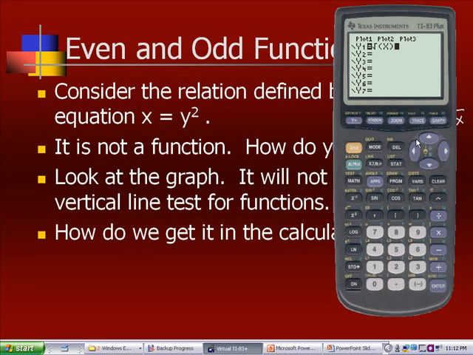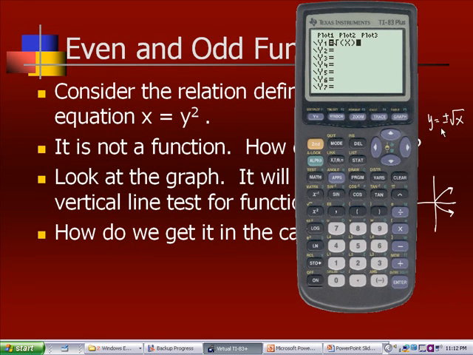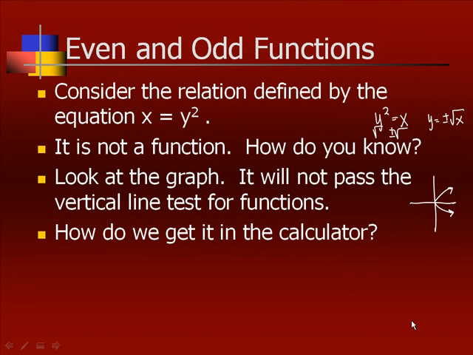But then you also have to remember, because this was a square root and we did plus or minus, we also have to remember to do the second case of y equals the negative square root of x. So when we do that and we graph it, there's the square root of x for the first one, there's the negative square root of x for the second one, therefore it's not a function.